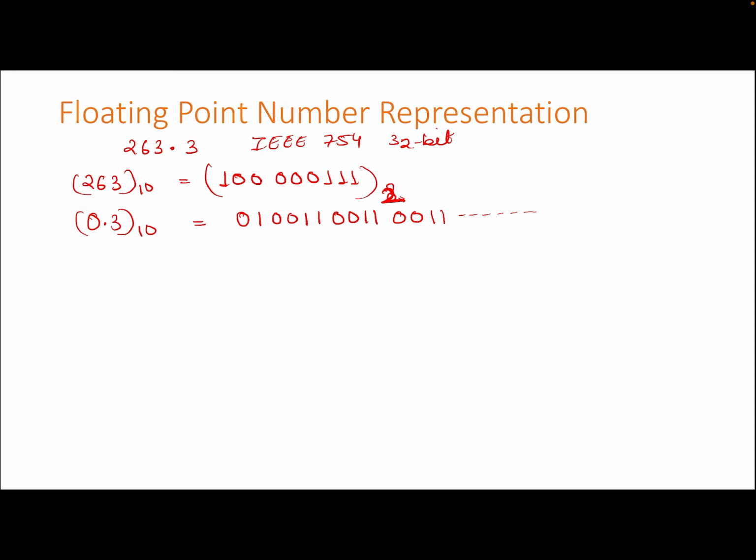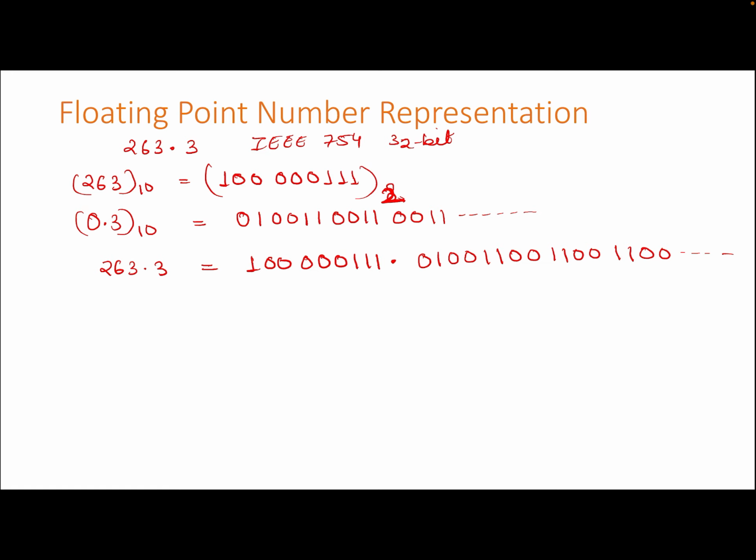Okay. Now how to represent this number? So this number 263.3 is actually 100000111 dot 010011001100 and so on.